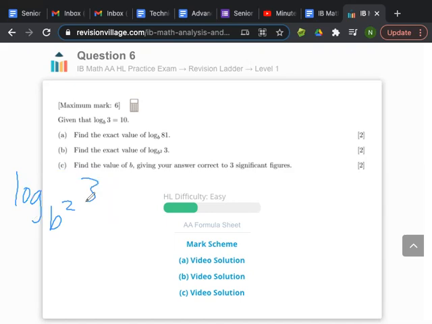If I change the base, there's a change of base formula. You have the formula sheet in front of you. Is it log base b of x over log base b of a? Yeah, you said it.